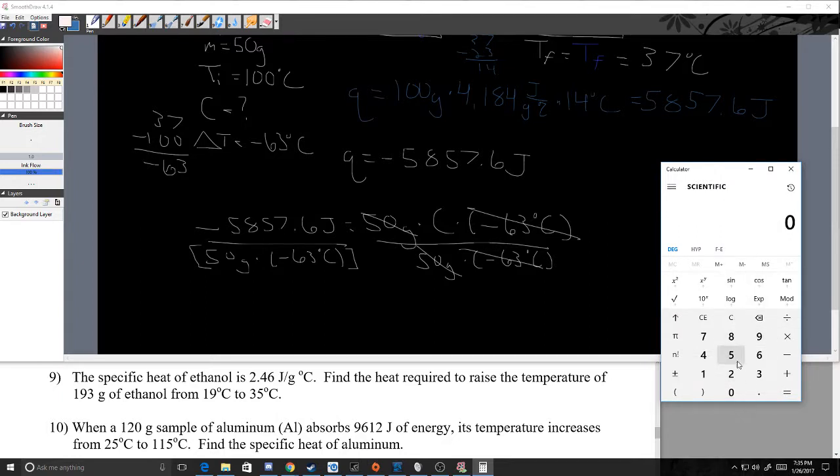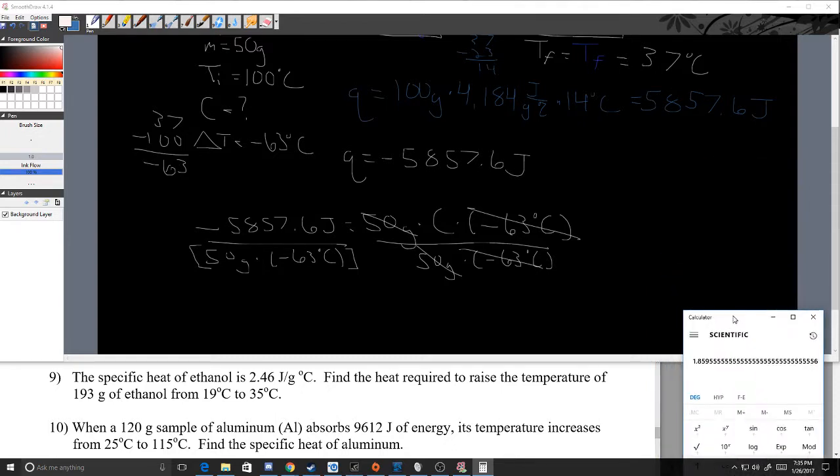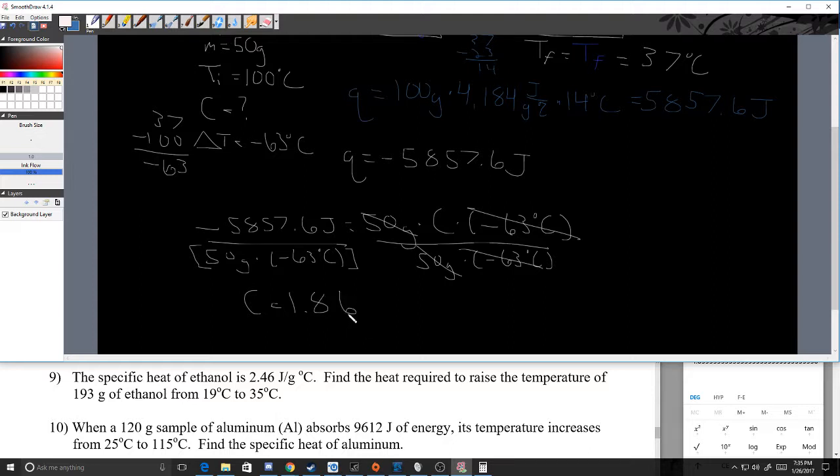All right. 5,857.6, and that's negative, divided by parentheses 50 times 63, but it's negative, closing parentheses, equals 1.86, I think is what we're going to round that to. All right. So the specific heat for the metal block, not aluminum, sorry, just metal block, is 1.86 joules per gram degrees Celsius.